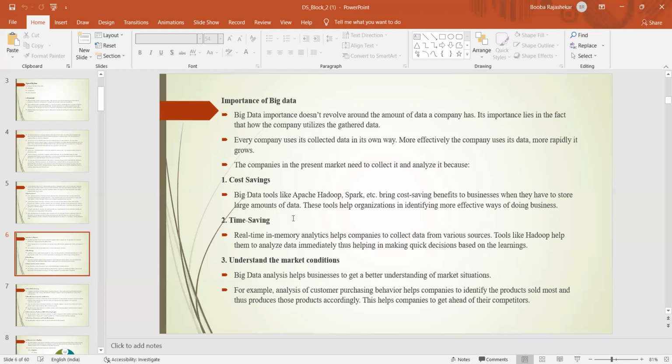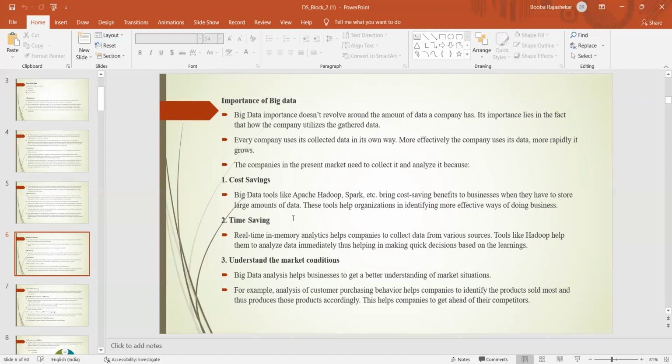So Hadoop and Spark are used to do that at the business level. Next is time saving. Real-time in-memory analytics helps companies collect data from various sources. Tools like Hadoop help them analyze the data immediately, thus helping marketing make quick decisions based on the learnings.